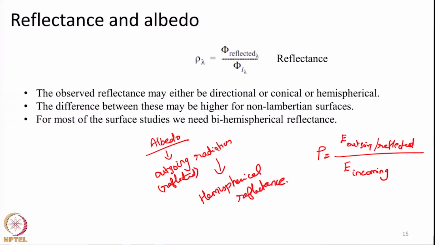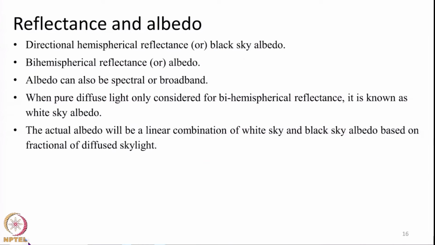This is with respect to the outgoing reflected radiation, and this is what we call albedo. Now, in the definition of albedo, we just talk about the integration angle of outgoing radiation. Also, there is one more component, the incoming radiation.